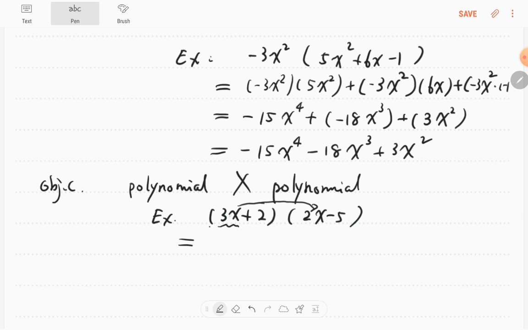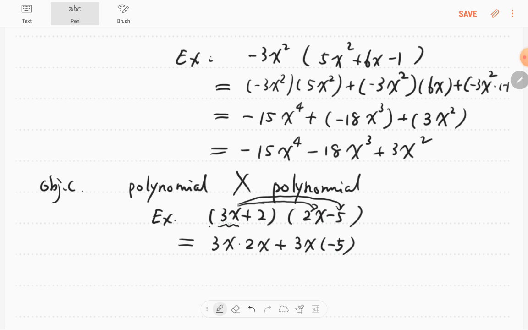So we should apply 3x to 2x. And we also should apply 3x times the second term, negative 5. That's the first step, right? 3x times the first term of the second polynomial plus still 3x times negative 5.